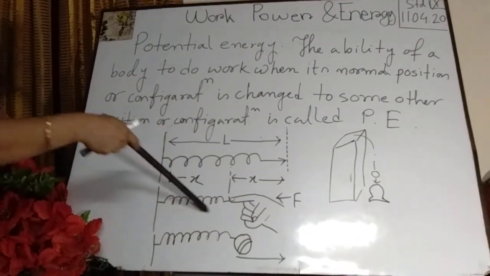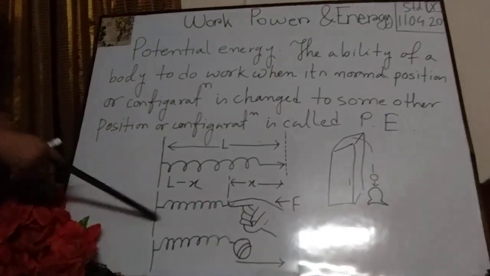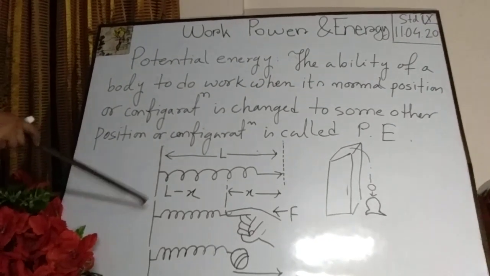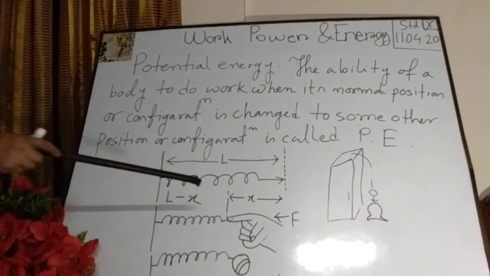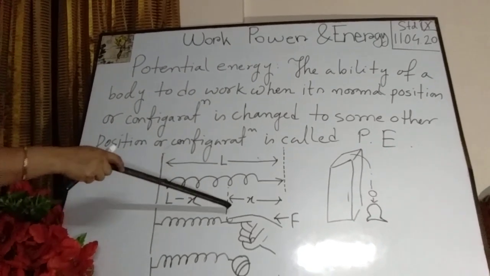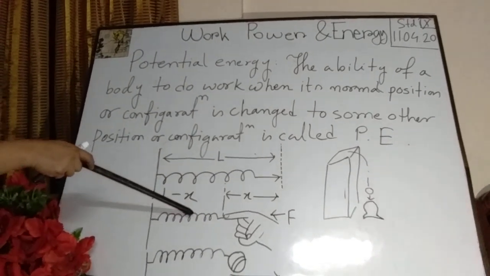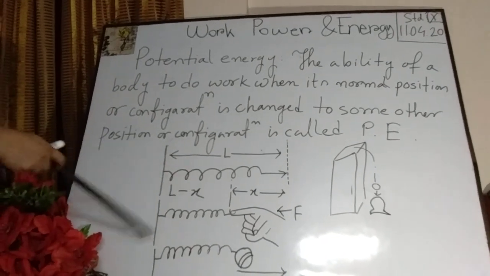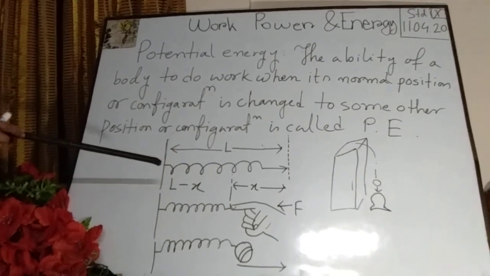So here positive work is done. That means where there is work, there is also energy. Work and energy are related to each other, but neither the finger nor the spring is in motion, so kinetic energy is not formed here. So what kind of energy is formed here, isn't it?